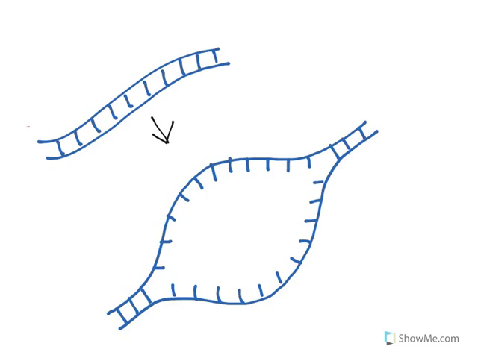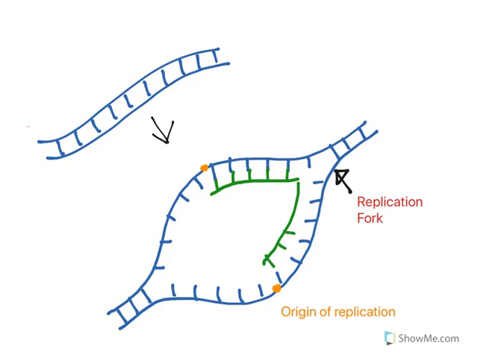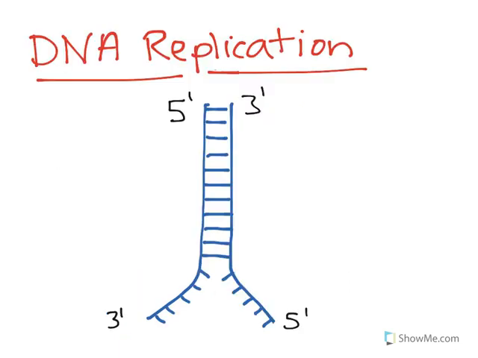Where that DNA strand has separated, the point of separation is called the replication fork, and where replication actually begins is called the origin of replication. And from that point, the DNA polymerase would come along and replicate the DNA strands like so. Okay, and that whole opened section of DNA is called a replication bubble.